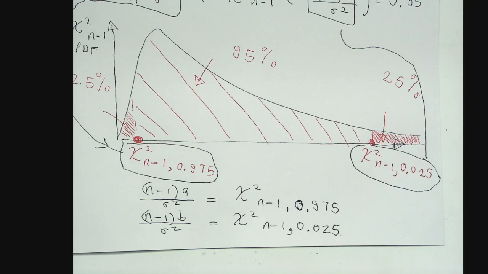This notation here means, if you draw the PDF or the density function like this, right? And suppose this area here is equal to alpha, okay? Then you find the point over here. If this area is alpha, then this is equal to this point here.